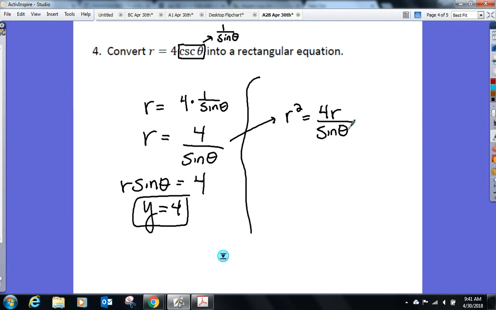Multiply both sides by sine theta. So r squared sine theta equals 4r. How many r's do you have on the left? How many on the right? Can I cancel? Divide out? So what's left on the left when I divide it out? 1 r sine theta. And what's left on the right? A 4 and r sine theta.